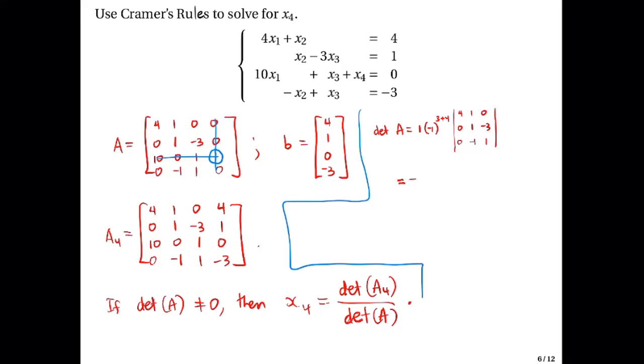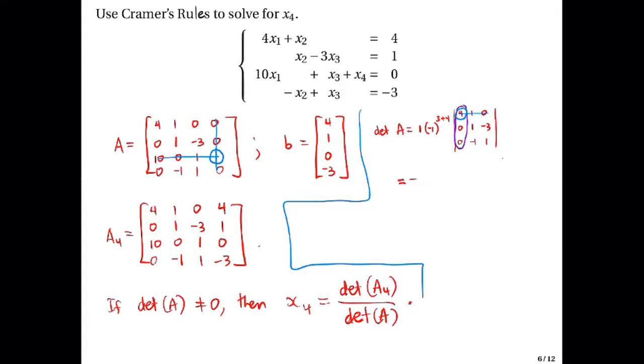So for this, we do this expansion here. And then, of course, if we get this entry here, we delete this and then this. And therefore, we will have 4 times negative 1 raised to 1 plus 1. That's the 1, 1 entry here. And then the determinant of 1, negative 3, negative 1, 1.